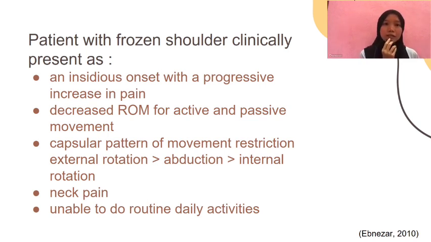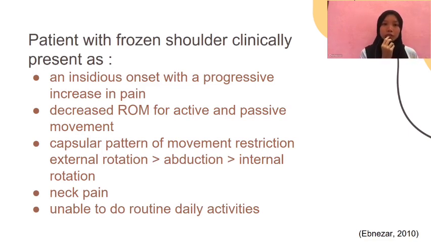Next, a decreased range of motion for active and passive movement. Patients with a frozen shoulder commonly present with range of motion restriction in a capsular pattern. A capsular pattern is a proportional motion restriction unique to every joint that indicates irritation of the entire joint.